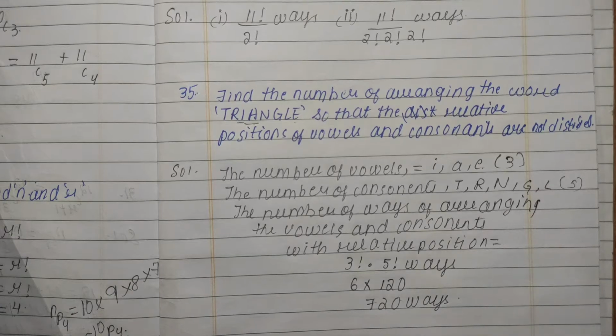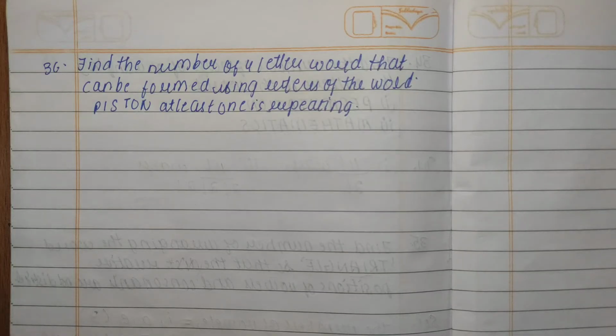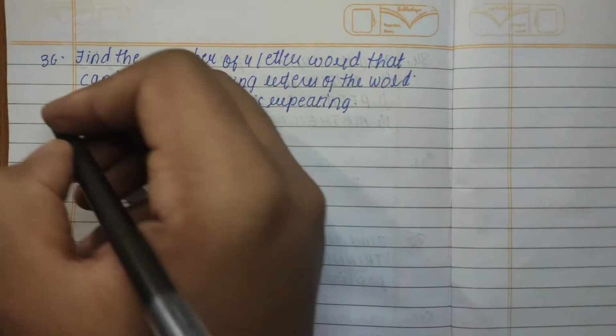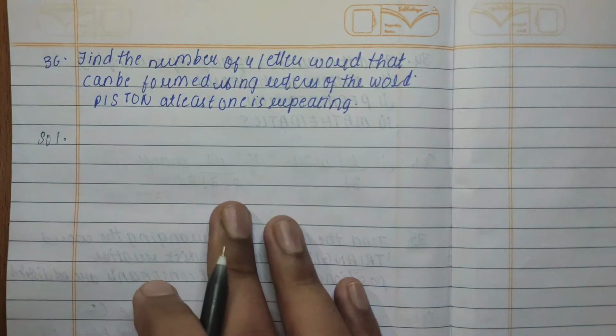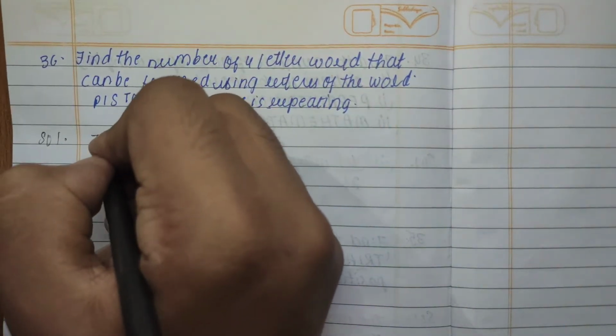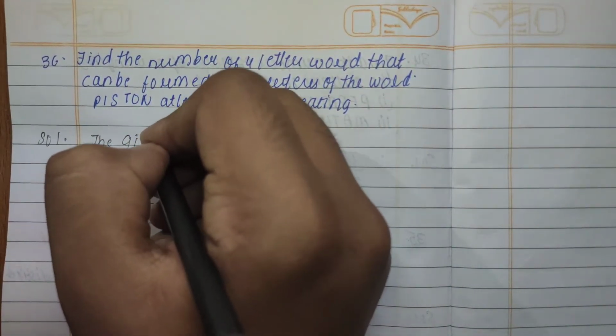That's it. So coming to the next question, it is given that find the number of 4-letter words that can be formed using letters of the word piston, at least one of the terms is repeating. Solution. Write the given word.